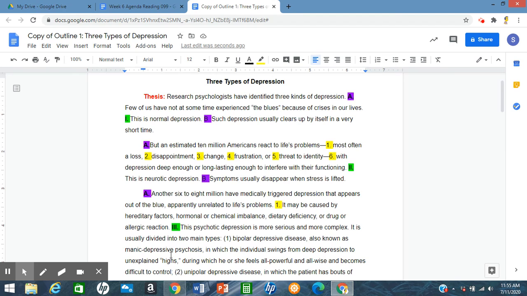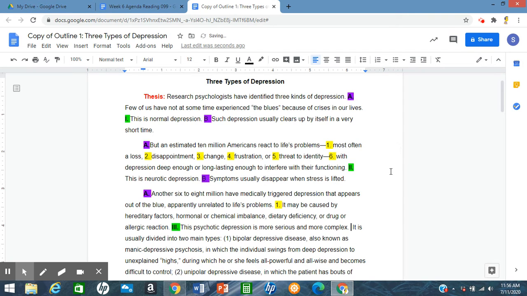And then also the fact that it is usually divided into two main types. So the fact that it's telling us what this psychotic depression, it's usually divided into two main types, right? So we could go right here. We'll go B, okay, because it's telling us this.